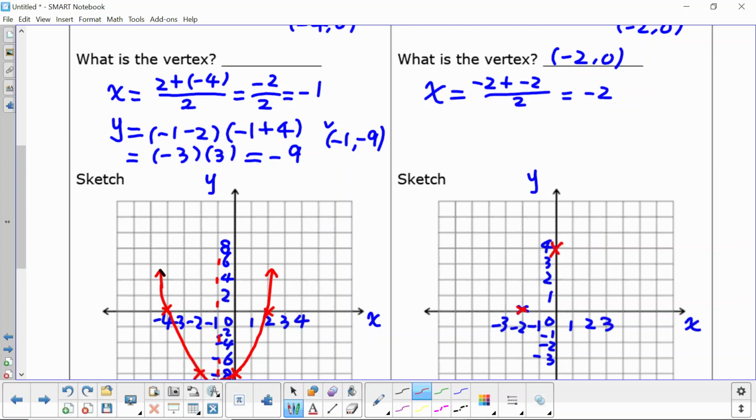Then we are going to draw the axis of symmetry, which is a vertical line that passes through the vertex. So this is x equals negative 2. And we find the point which is symmetric with the y-intercept. So the y-intercept is right 2, then we go left 2.